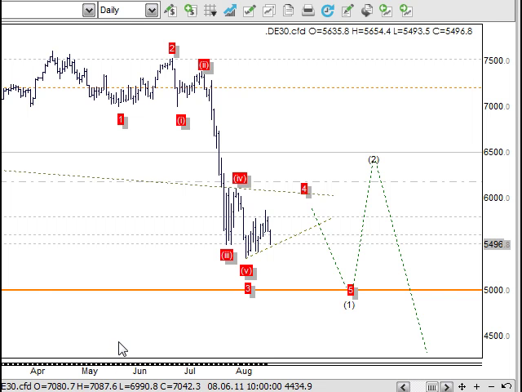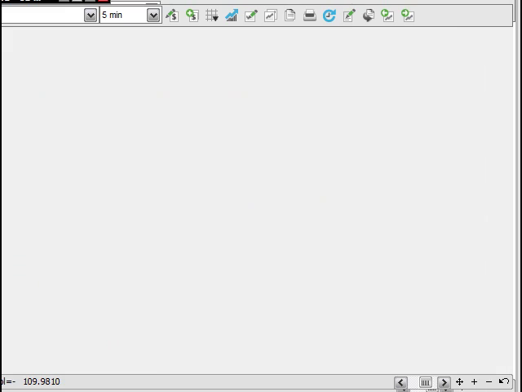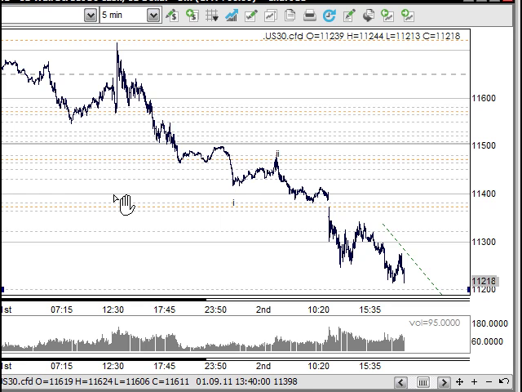So yeah, the US 30 here, this is its wave structure coming down. It's on a 5-minute chart here, and I'll just go from that last high here. So pretty much we got down, we're looking for 5 waves down, right?